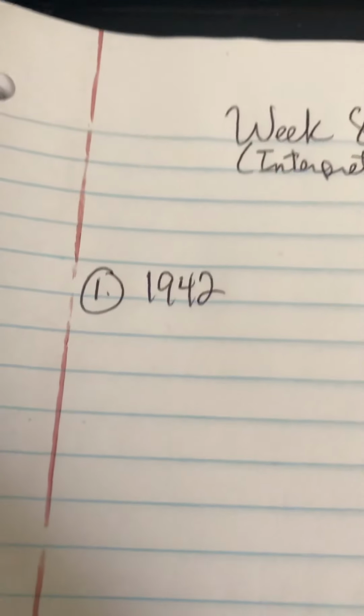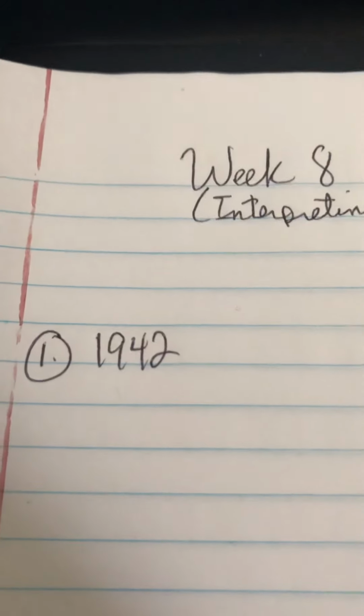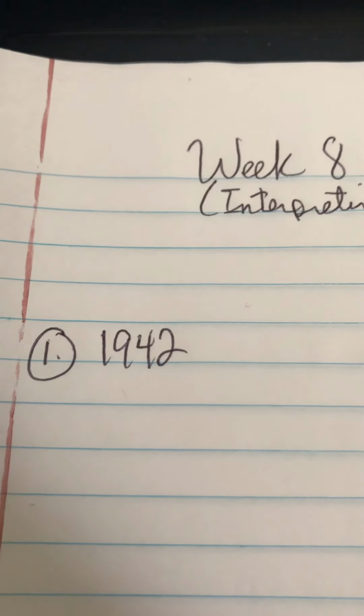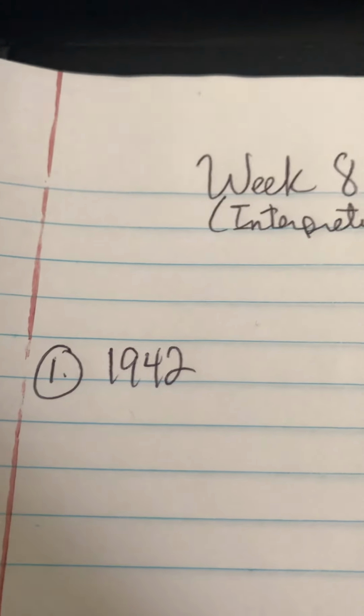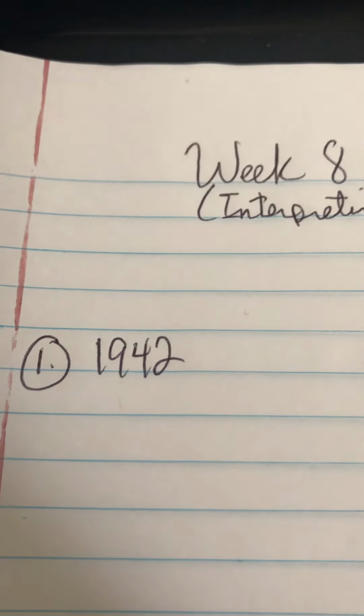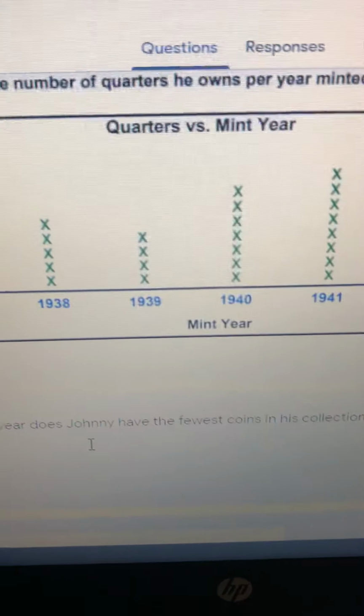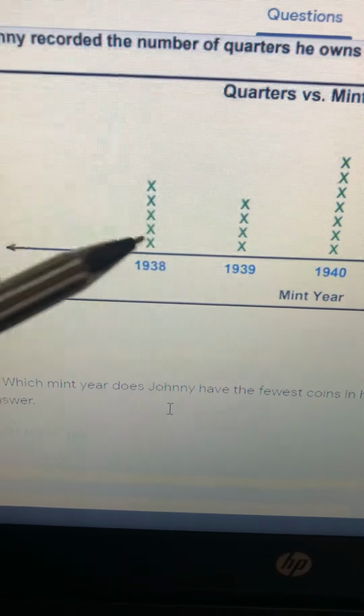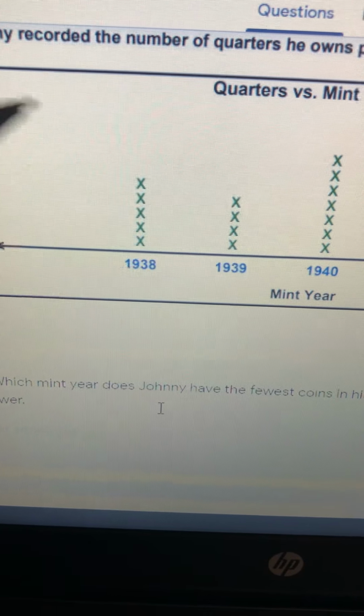All right, number 2. It says, how many quarters does Johnny have from before 1940? From before 1940, we have to look and see before 1940. We have 1, 2, 3, 4, 5, 6, 7, 8, 9.